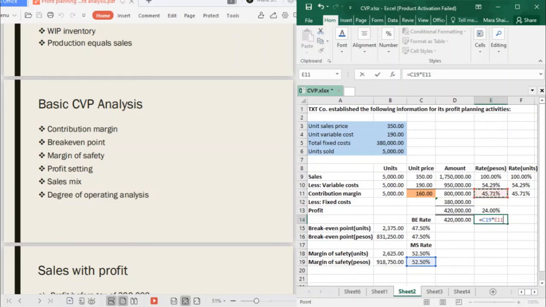Kaya nga to ang margin of safety in peso ganiha is gimultiplier ba ito sa ato ang CMR para makuha ang profit in peso. Na if you are asked for the profit rate, net profit rate, so ang gamiton na pud nato is ato ang margin of safety rate times the CMR.